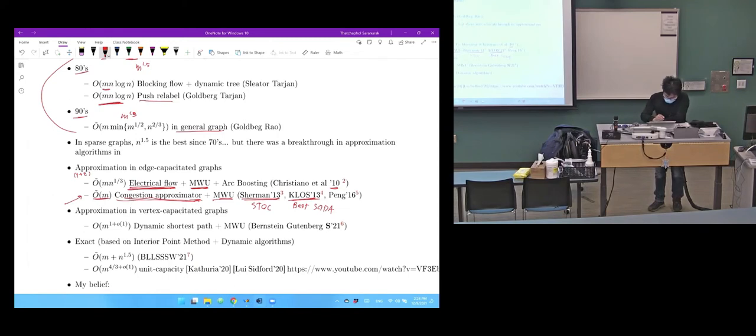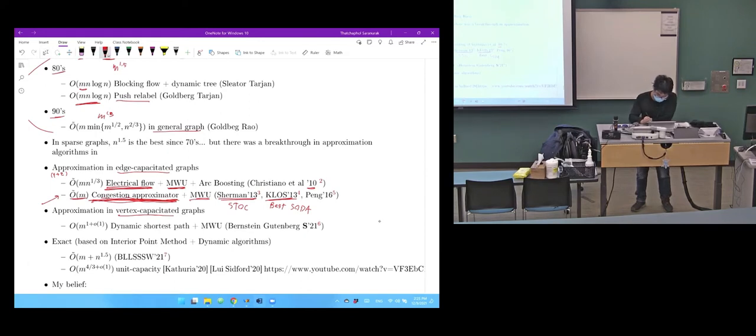By the way, this is for edge capacitated graphs, and it doesn't work for vertex capacitated graphs. The reason is that you cannot have a conjecture approximator when it is about vertex capacitated graphs. Imagine that your graph is a star, maybe.